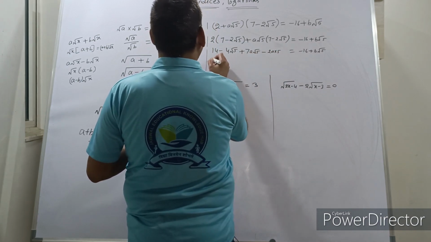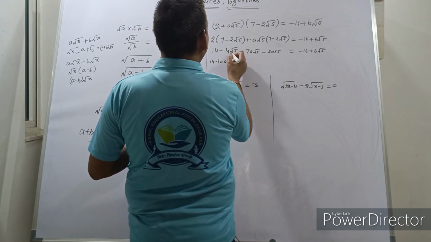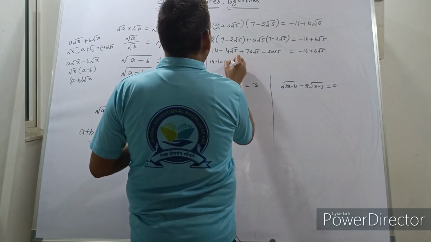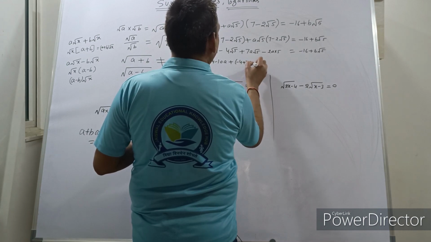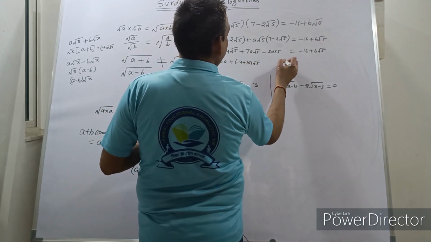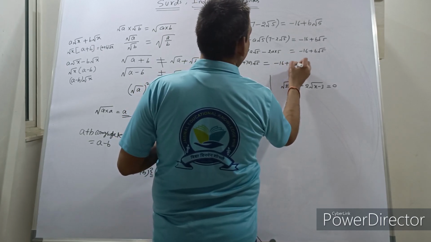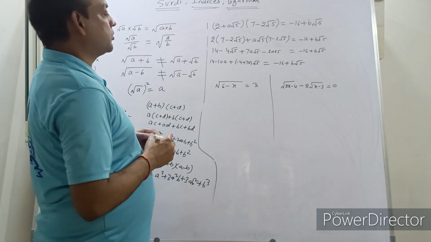So 14 minus 10a, and this is nothing but root 5 and root 5. So this becomes minus 4 plus 7a into root 5, is equal to minus 16 plus b root 5. Okay, now once you get till here, you have to equate both sides.